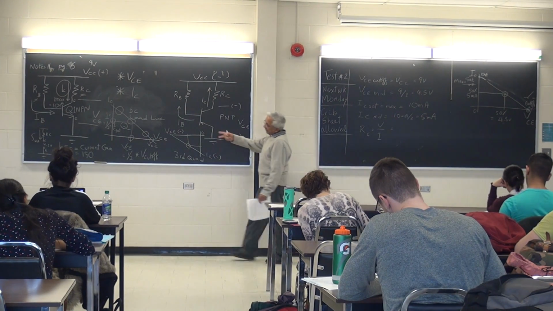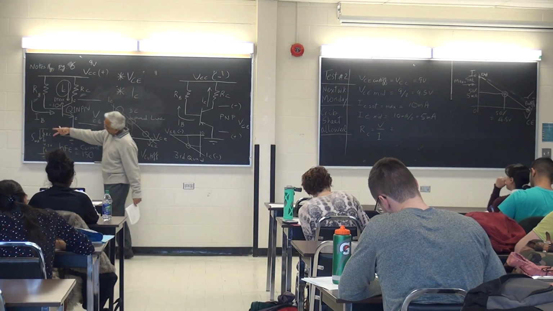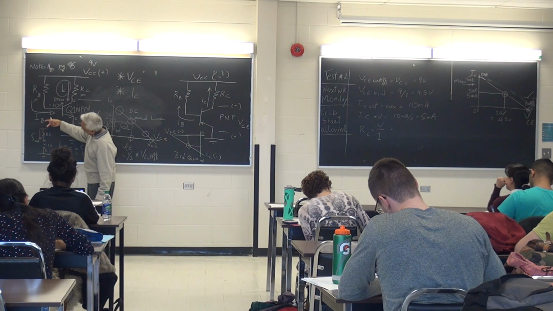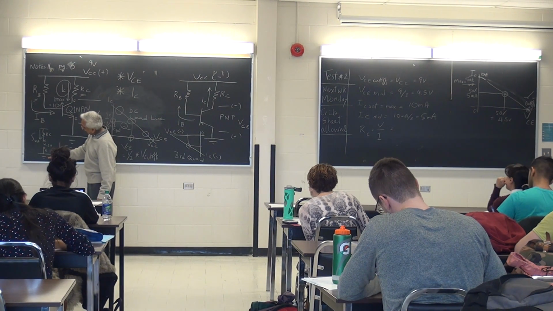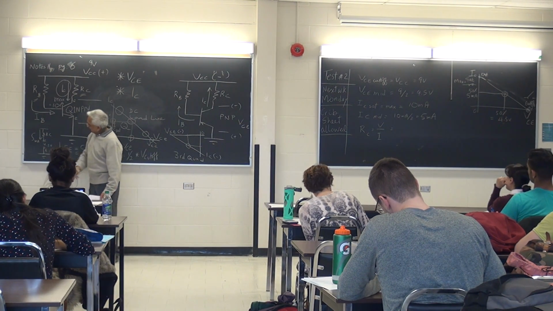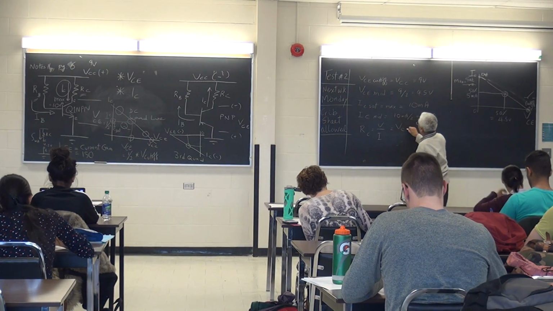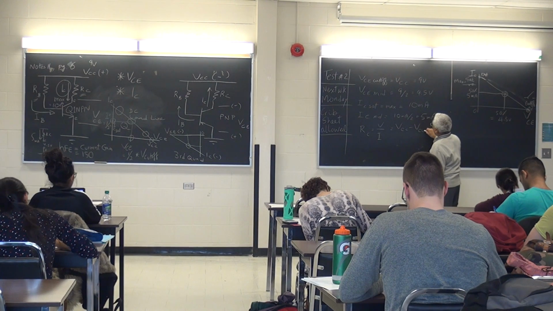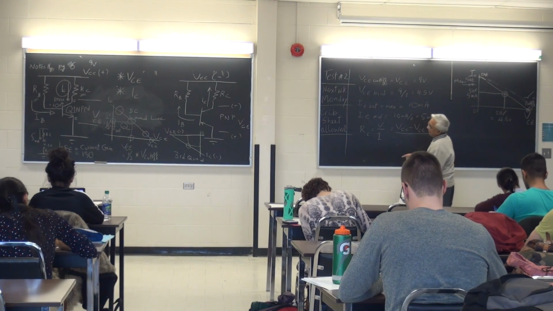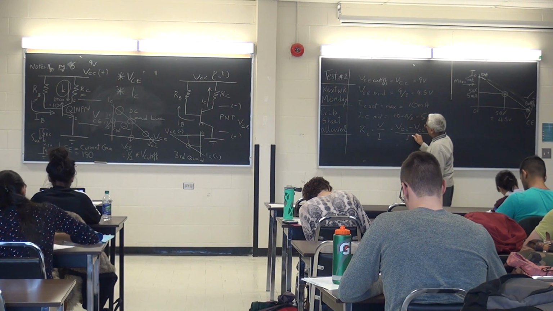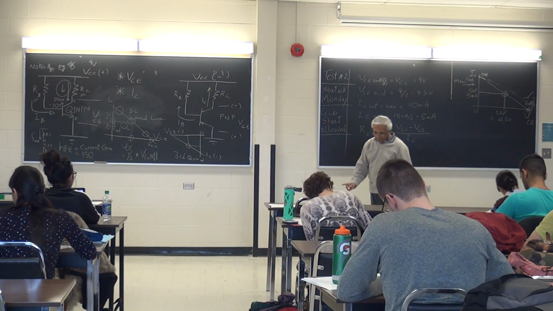Okay? Voltage across RC is the total voltage minus what? The voltage at C to E. So that's VCC minus VCE. I is IC. Everybody see that?